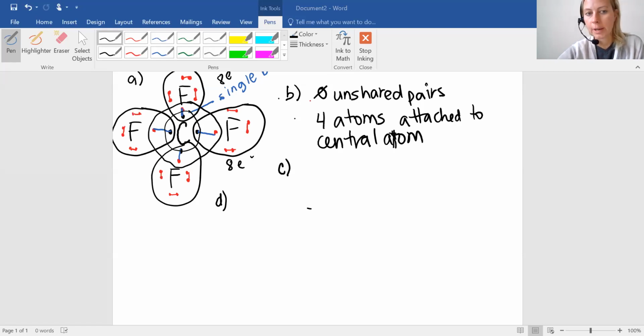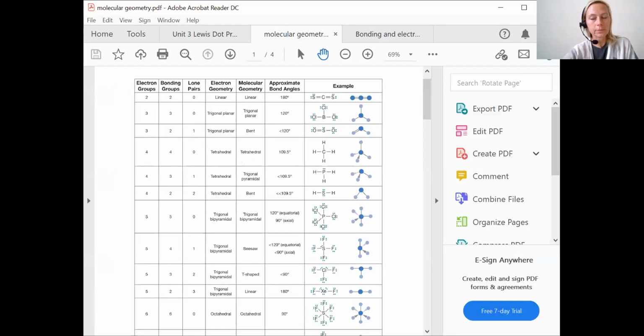The molecular geometry chart. So we have concluded that there are no lone electrons around the central atom, and there are 4 atoms around the central atom. So if you're looking at this chart, you'll notice that there's no lone pairs, 0. There's no lone pairs here. There's no lone pairs here.